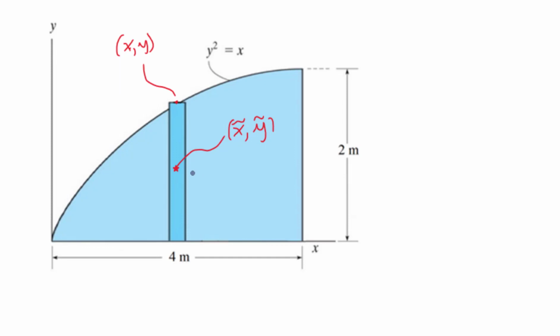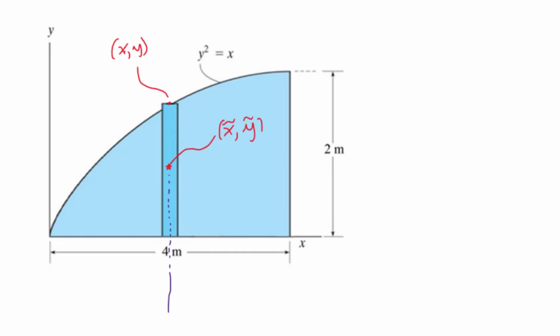So my distance for this position is my length. This length is equal to the location of my x tilde, but actually it's in the same position that we have x. They are exactly at the same position.